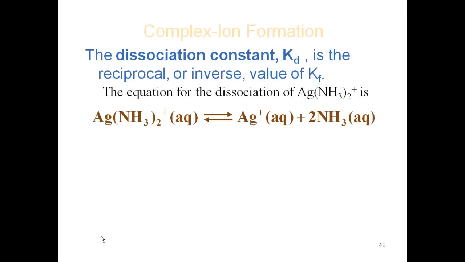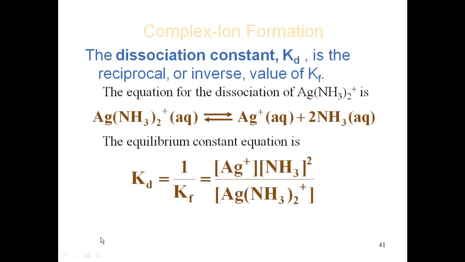I can set up my K for that, which would be my products over reactants: the concentration of silver times the concentration of NH3 squared divided by the diamine silver ion. The actual value of that Kd then will be 1 over my Kf. As I said, this is important because if I do a calculation, I tend to do it as a dissociation, which I'll show you in a calculation.